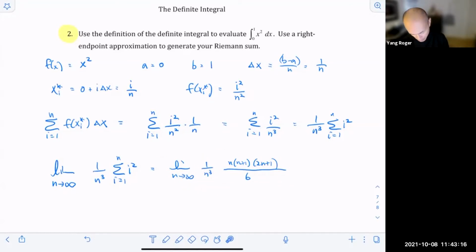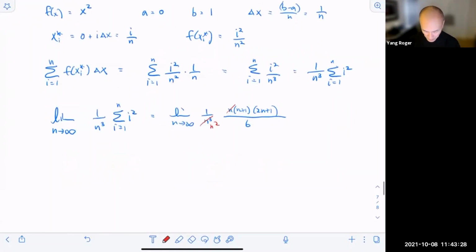Okay. So we can simplify this. That becomes an n. This is an n squared. And then let's simplify this guy. So we got the limit as n goes to infinity. You're going to have a 1 over n squared, a 6n squared, I guess.